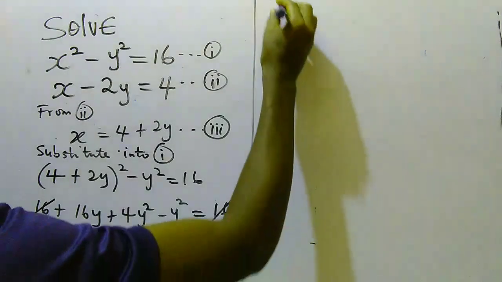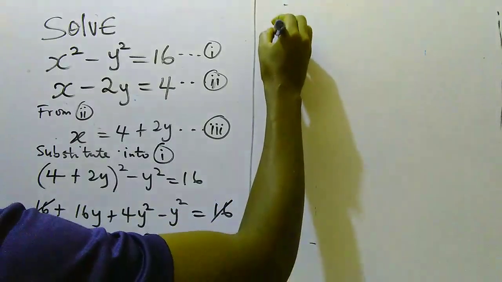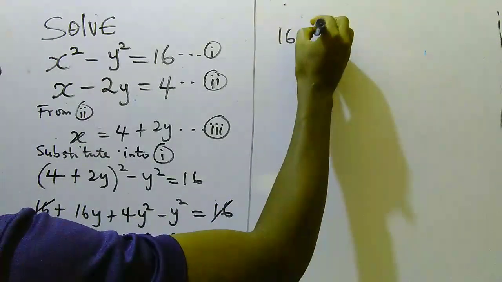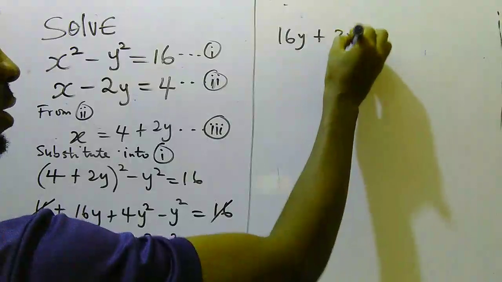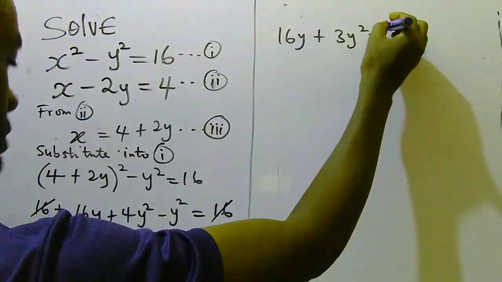So I'm having 16y plus 3y squared equal to 0.